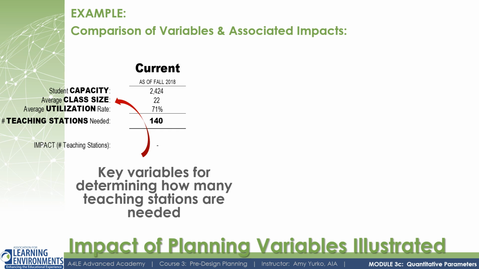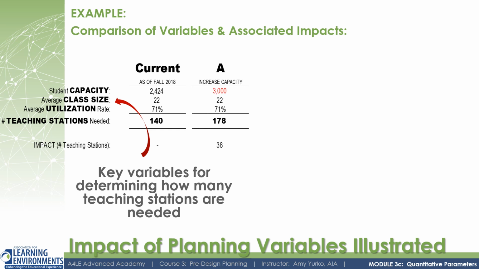This was an existing high school that had 2,400 kids. Their average class size was 22 students, and their average utilization rate was 71%, rather low. So in order to accommodate those 2,424 students, just doing the simple math means that we would need 140 teaching stations, which they currently had.